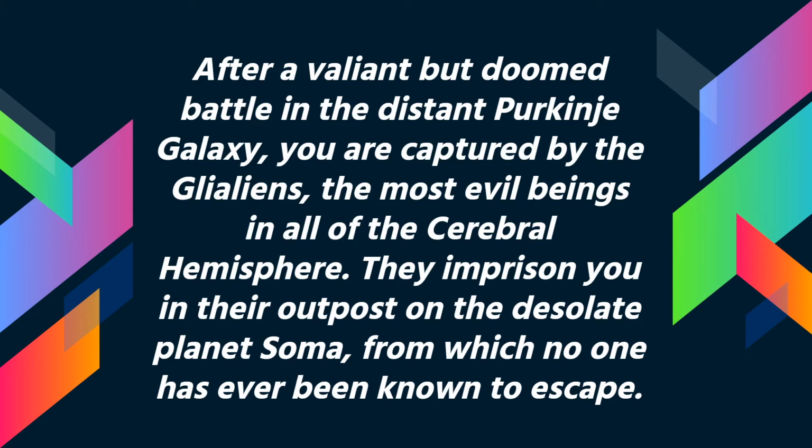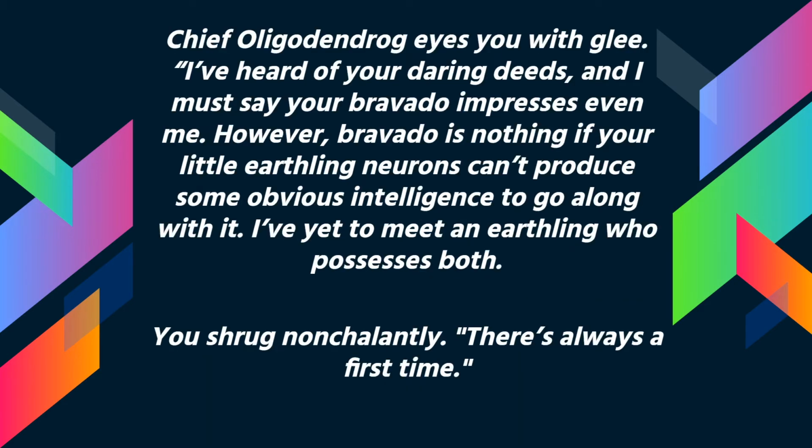After a valiant but doomed battle in the distant Purkinje galaxy, you are captured by the Glialians, the most evil beings in all of the cerebral hemisphere. They imprison you in their outpost on the desolate planet Soma, from which no one has ever been known to escape. Chief Oligodendrog eyes you with glee.